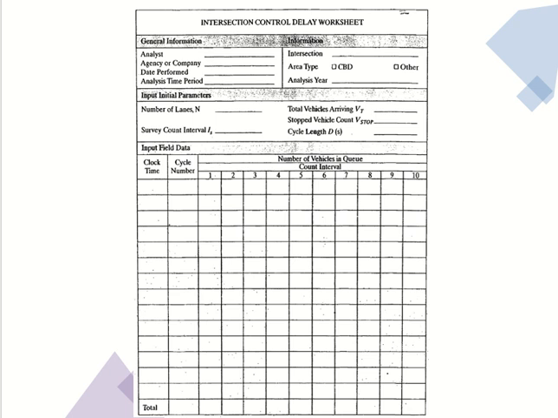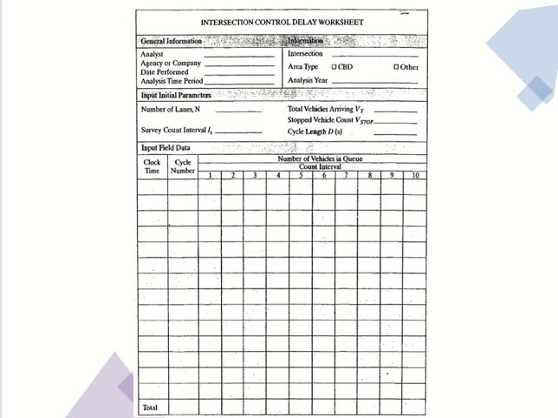So observer number 2 will come and he will fill the values after the study is finished. Okay, so total number of vehicles and vehicles stopped are coming from observer number 2 after the study is finished. Okay, and cycle length, again you have to note it down. Okay, cycle means what? Red to red.